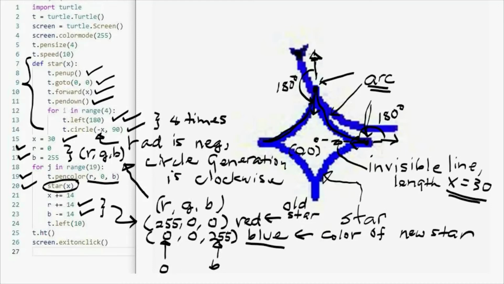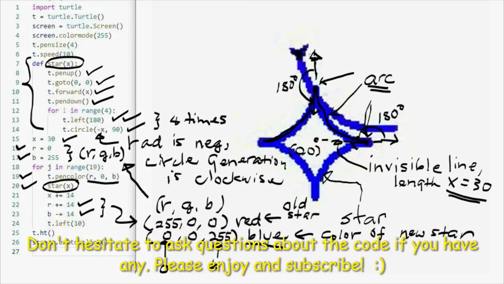This is star x, command number 7. And then after we have drawn the star, we make the star bigger, number 22, by 14 units.